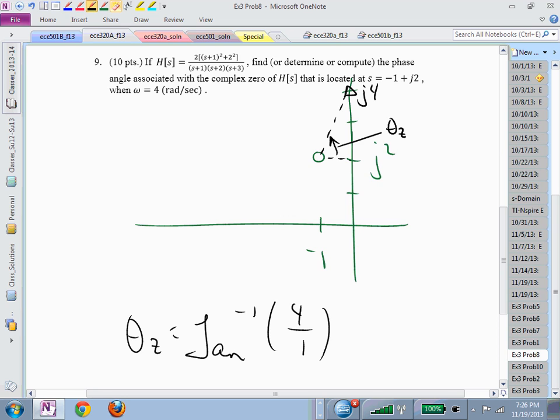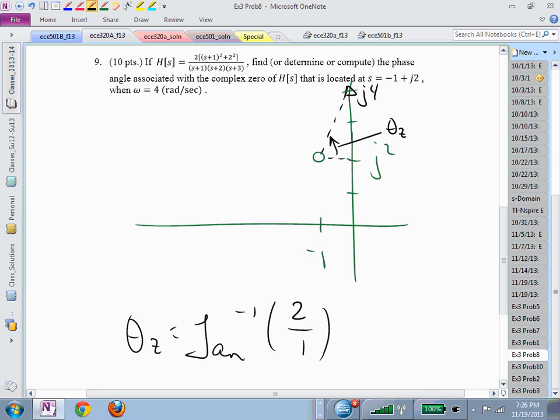It's not 4, is it? It's the change in that, which it only had to go up 2, didn't it? Does everybody see that? Only went up 2 from that horizontal real line that I measure my angle with respect to, and I went over 1. So the inverse tangent of 2.